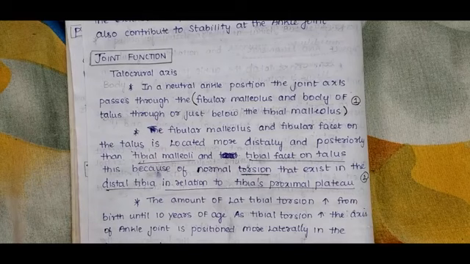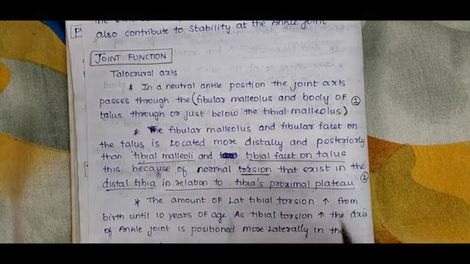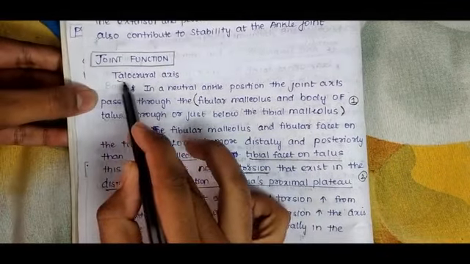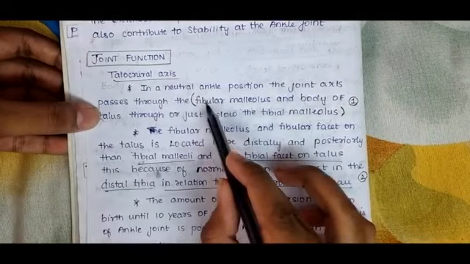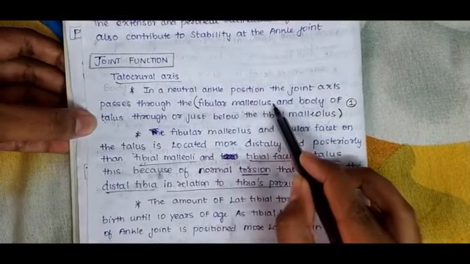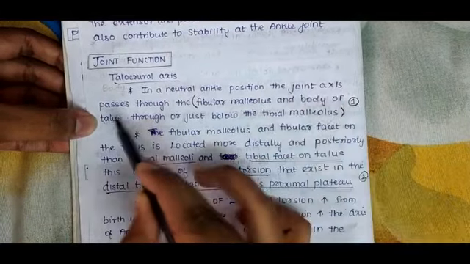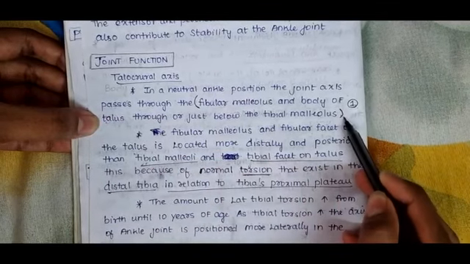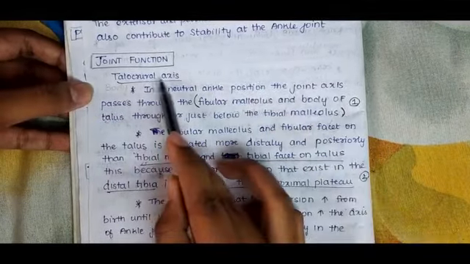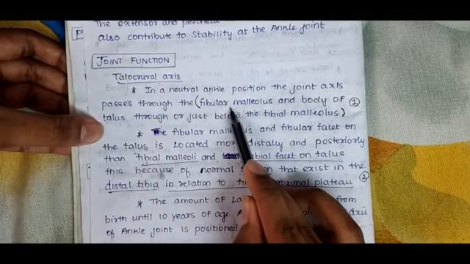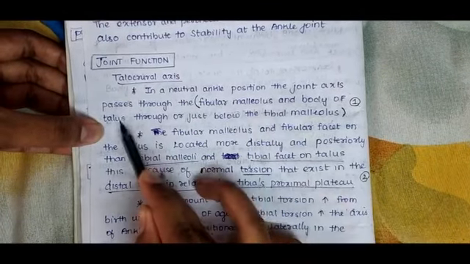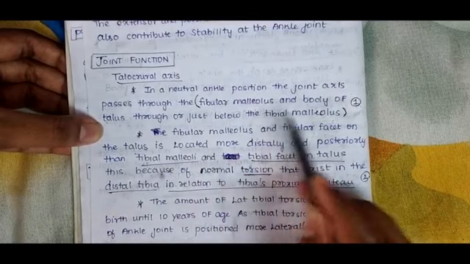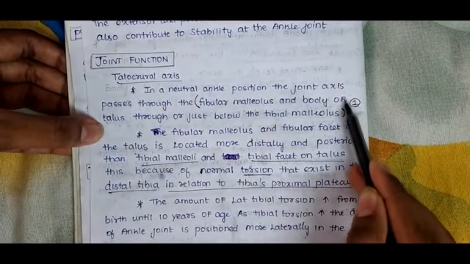This axis, known as the talocrural axis, passes through the fibular malleoli, the body of talus, and through or just below the tibial malleoli. So this is the first point.